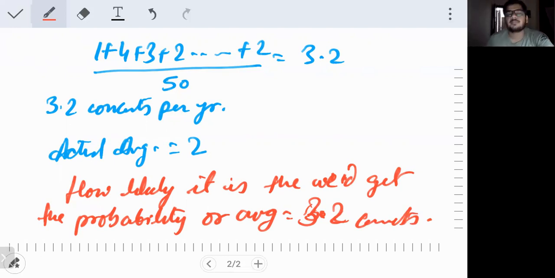This question arises. What do you think about this? Is it likely or not likely?